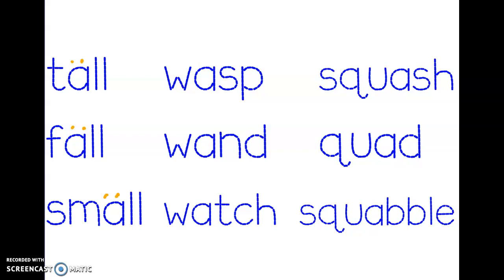A. Right, the letter A is making that sound again. What else do you notice about these words? They all begin with W. The letter W is a bossy letter that makes lots of letters take on different sounds when they are near it. Let's try one more group of words.